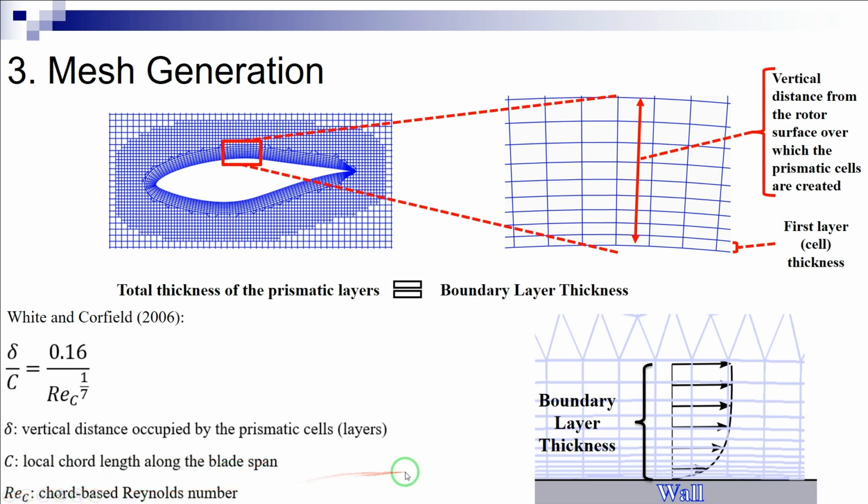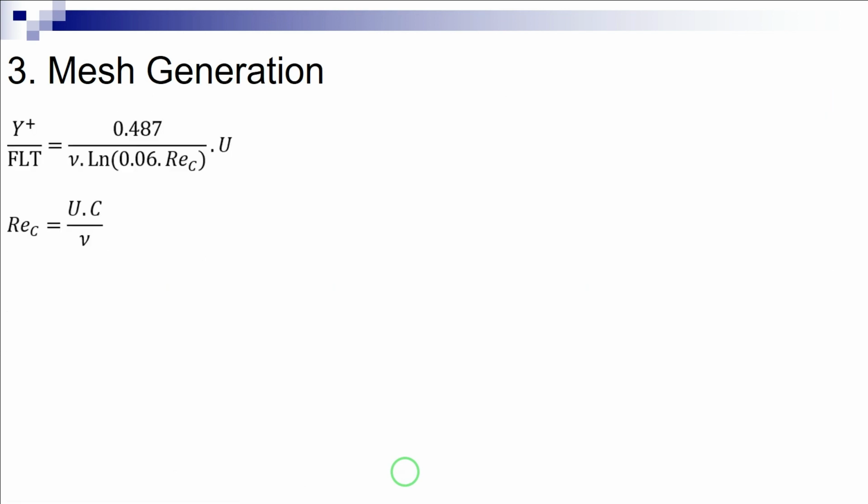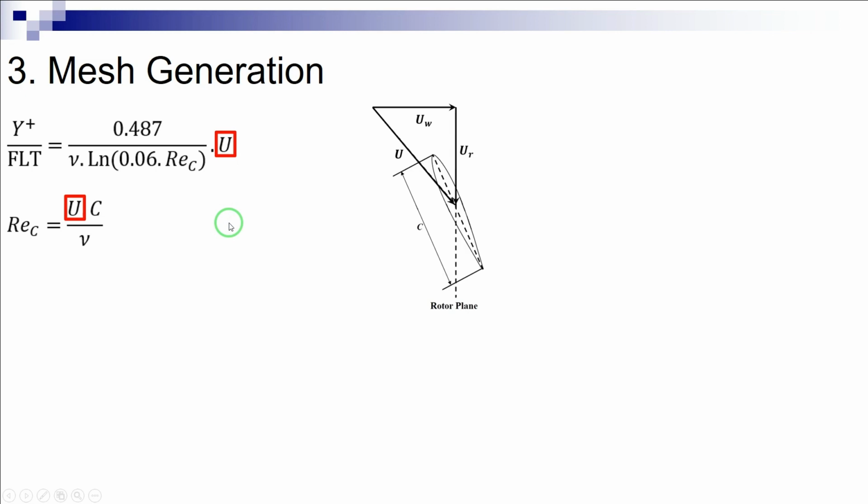However, in the case of a wind turbine, the estimation of the free stream velocity U, which appears in the definition of the Reynolds number and the first layer thickness, as can be observed here, is not a trivial task. In this case, the free stream velocity U has two components. One comes from the rotor rotation, UR, and the other comes from the wind speed, UW, as shown in this figure.